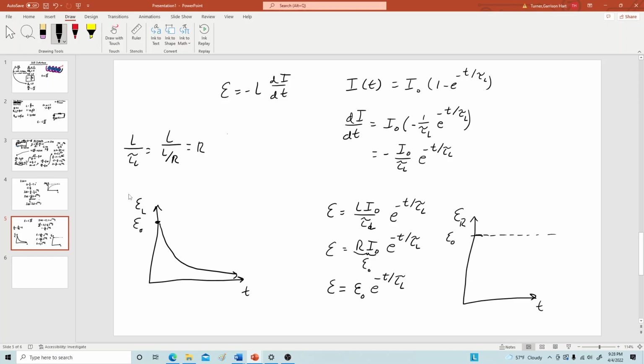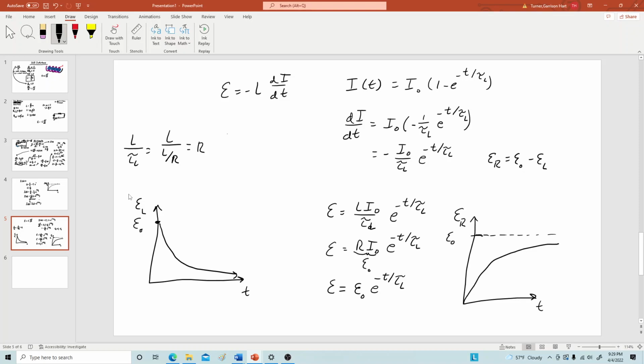As the potential across the inductor exponentially decays, the potential across the resistor is going to grow like this, because the potential across the resistor would be written as the potential of the battery minus the potential of the inductor.